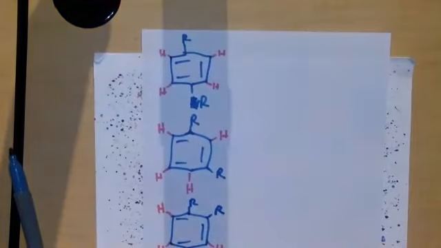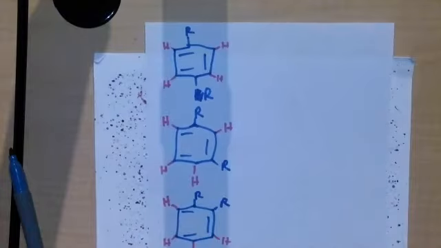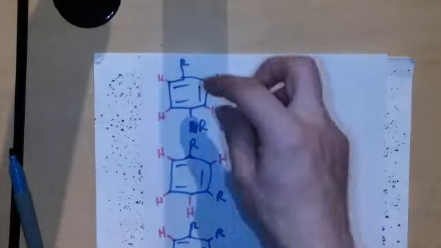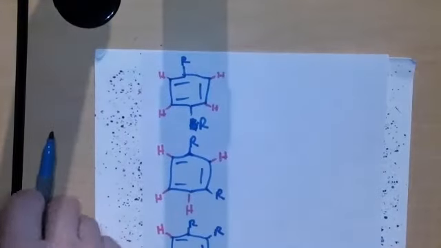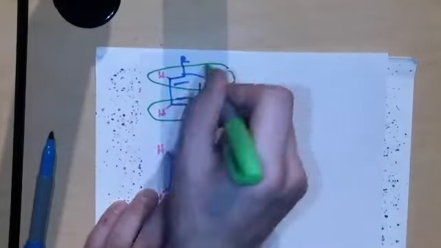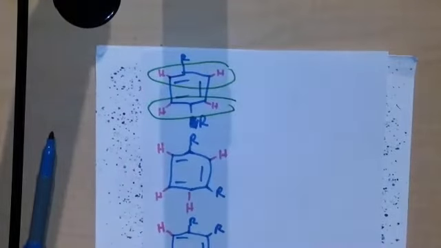All right, so as you may have guessed, they can either be ortho, meta, or para to each other. The para is going to be really nice because you have them on either side. It is a symmetrical molecule. These two peaks here are going to give the same signal.